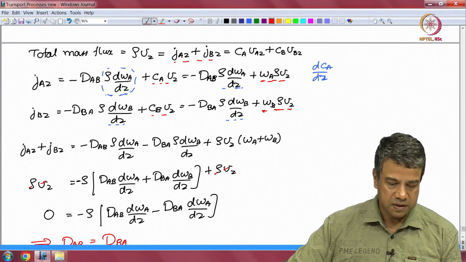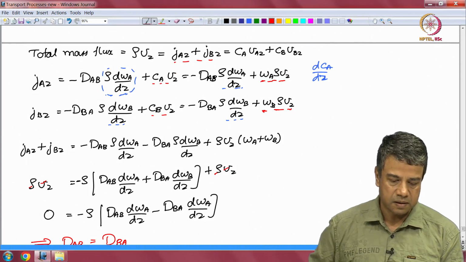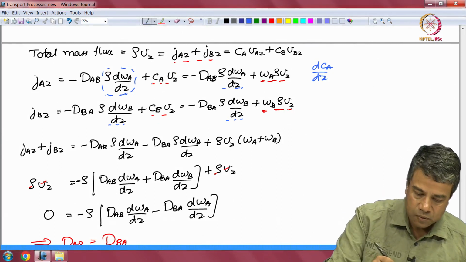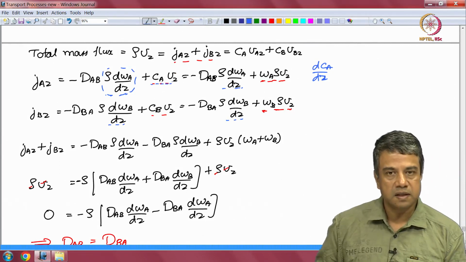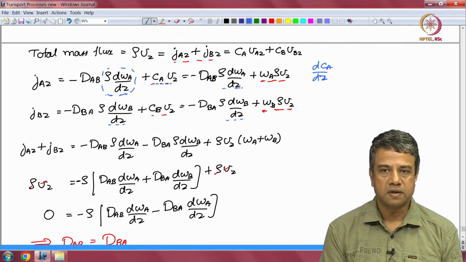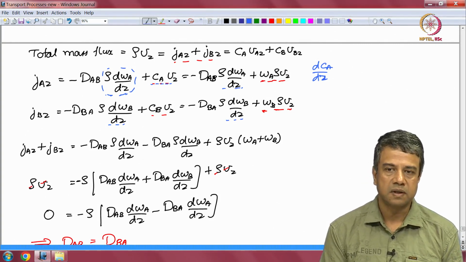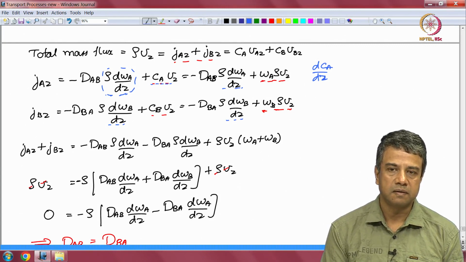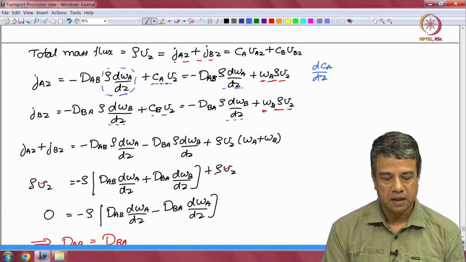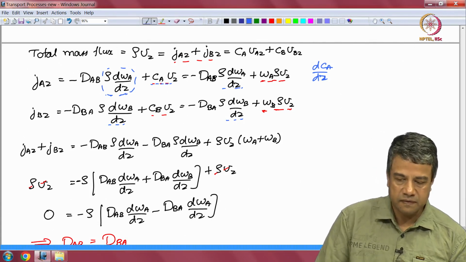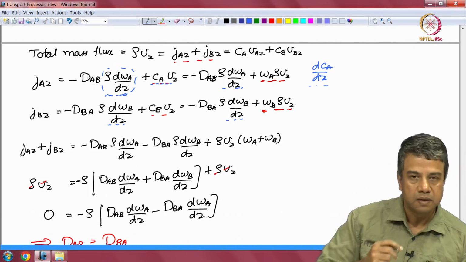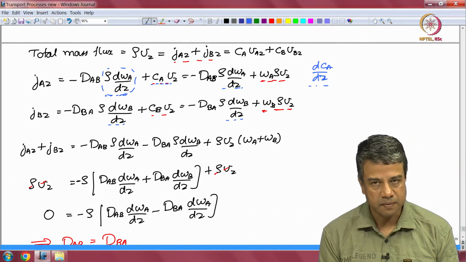For the diffusion coefficient, we had made a slight departure from the previous expression in two respects. One is that we have considered the mass average velocity times the concentration, the flux due to the mass average fluid velocity. And the other thing is, instead of dCA by dZ, we had written total mass density times dWA by dZ.